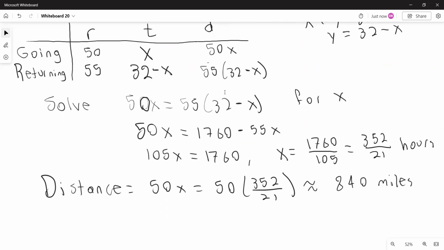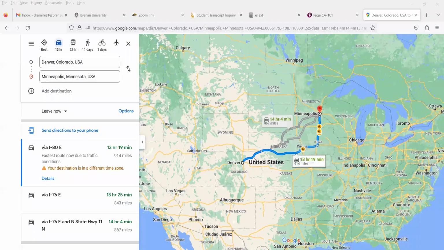So I'm going to do another example involving motion, but I just wanted to show you something. Let's see if I can show you this on Google Maps. How accurate is this?